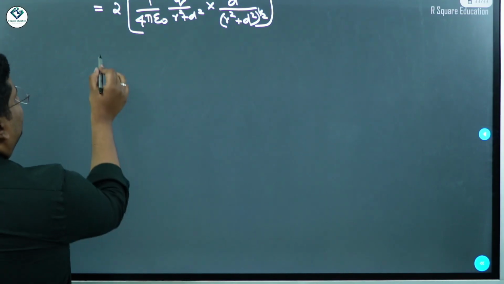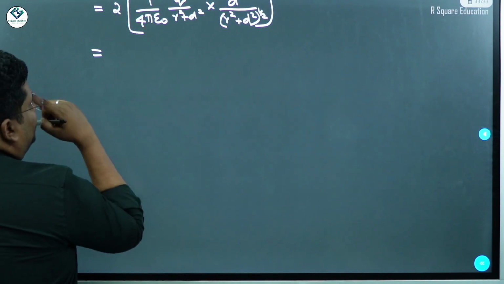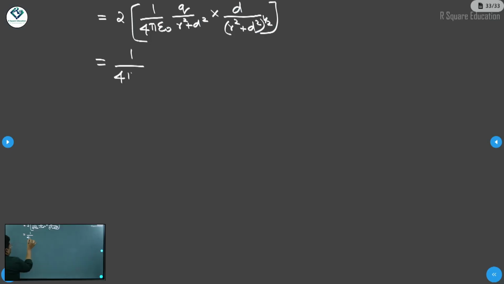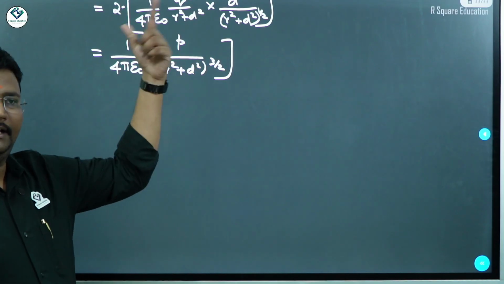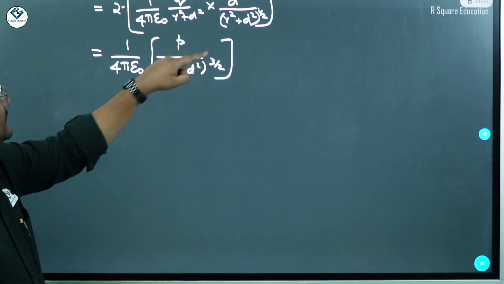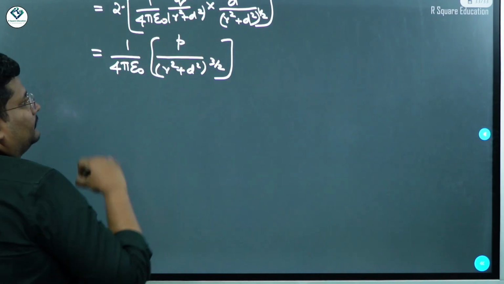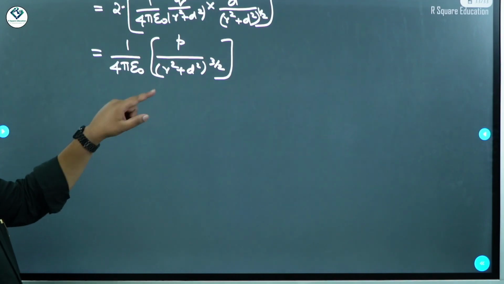Okay. So in this 1 by 4 pi epsilon naught, let it be common, I will take it out. 2QD is going to be dipole moment. So P divided by R square plus D square whole power 3 by 2. Because when you are multiplying the values, the power will add. Correct. So 1 plus 1 by 2. Correct. So it's going to be whole power 3 by 2.